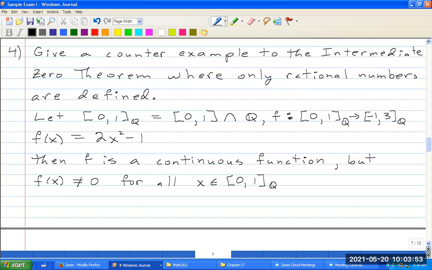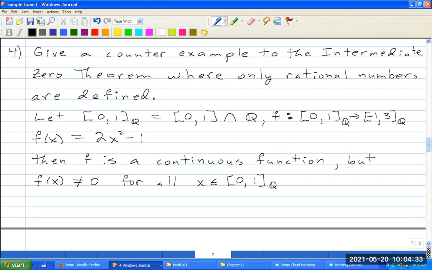And so that's a contradiction. I have given a counterexample to the intermediate zero theorem. This function satisfies the hypotheses, except that I'm only dealing with rational numbers. So the intermediate zero theorem only works for real numbers. If I've only defined my rational numbers, it just does not hold.